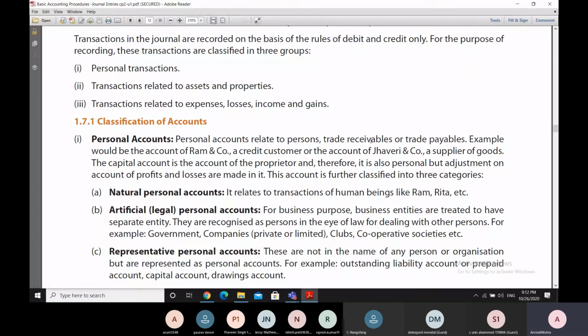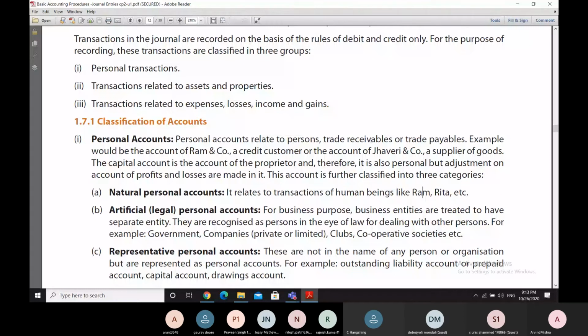So when we say account of Ram and Company, it is a personal account of Ram and Company. Or when we say account of Javeri and Company, it is the personal account of Javeri and Company. Javeri and Company could be a supplier of goods to us, and therefore it is a trade payable account, or there could be a trade receivable account of a customer who is buying from me.